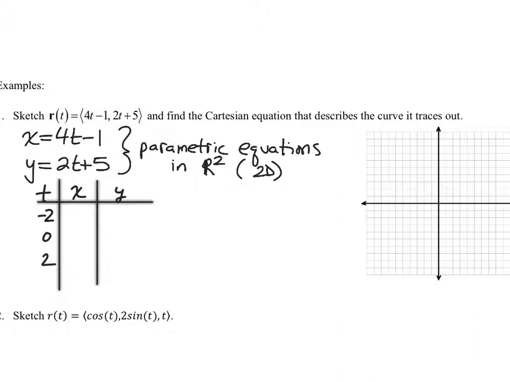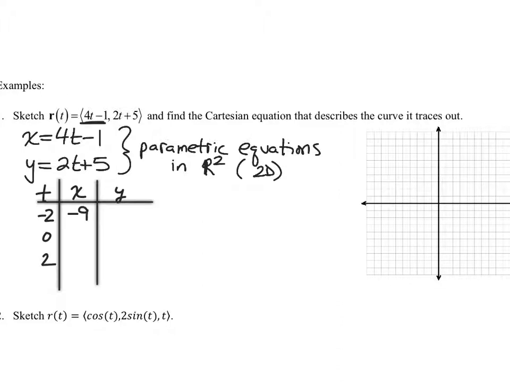Really, I only need 2 points. Whenever I graph a line, I always just throw the third point in there in case I screwed up a calculation on one of the first 2. If it's going to be a line, the third one will be the tiebreaker. If I get something that doesn't end up being collinear, then I know I screwed something up. So if I plug in the t of -2 here, I'm going to get -8 minus 1 is -9.